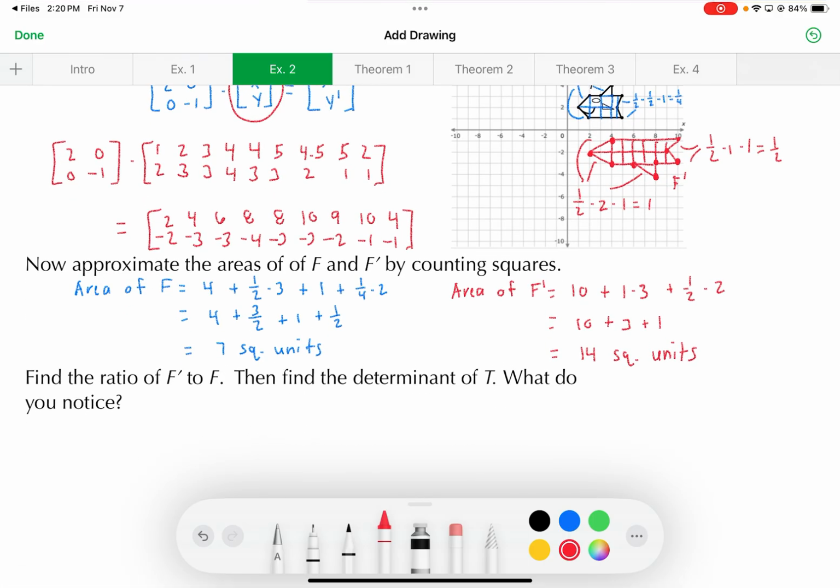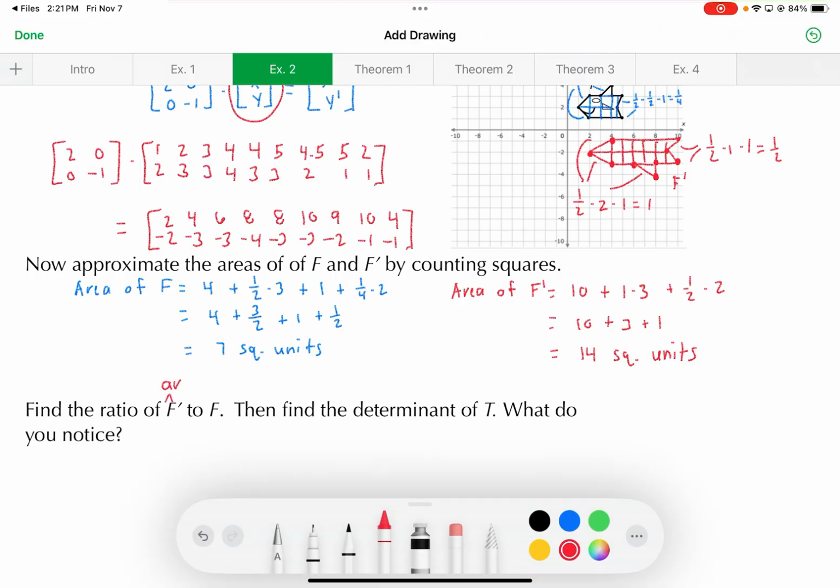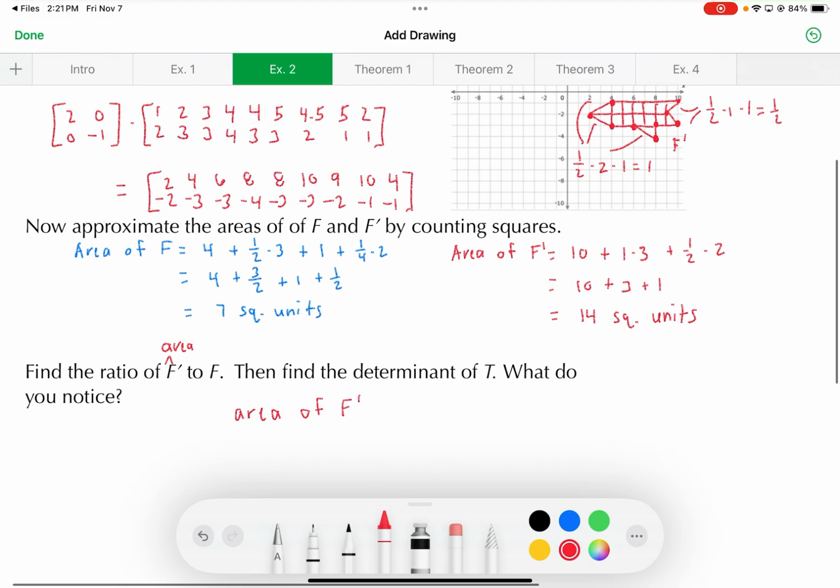Okay, now it says to find the ratio of F prime to F. So I should have in there the ratio of the area F prime to F. It's 2, yeah.